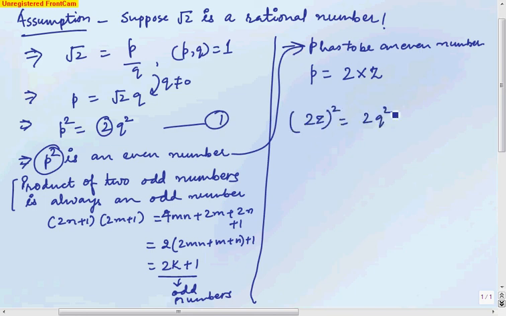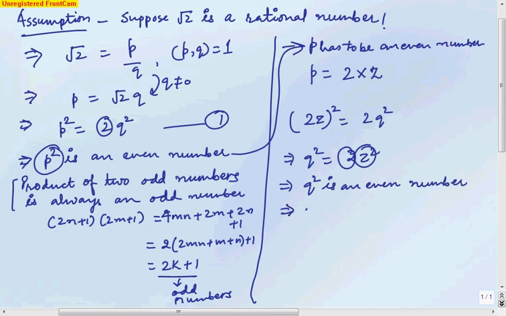So it implies that q square is equal to 2z square. This is 2 square is 4, 2 cancels. So now this implies again that q square is 2 times something, so q square is an even number, right, which implies q is an even number by the same arguments, right? So now you have proved that p is even and q is even.